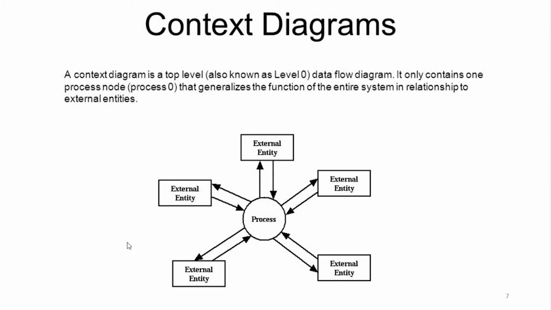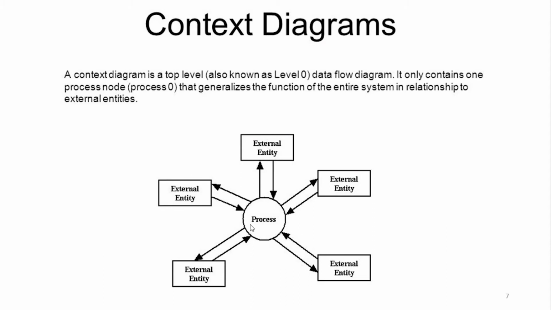We can show that data flow in this diagram, and the data input to the system and data output from the system we can represent as incoming and outgoing arrows, like you can see in this general diagram. These data flow arrows should be labeled with the corresponding data names.